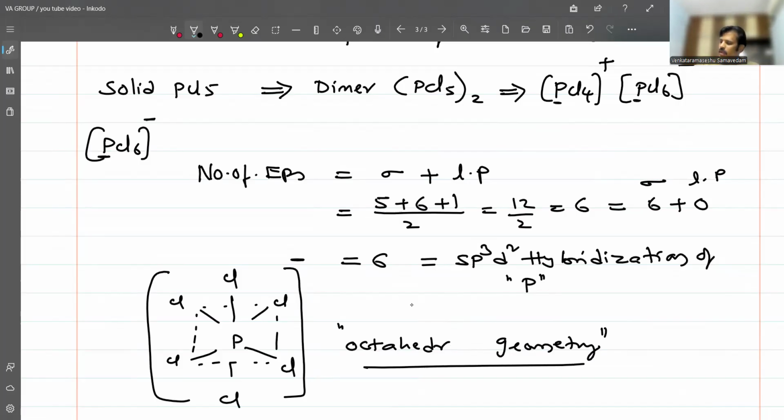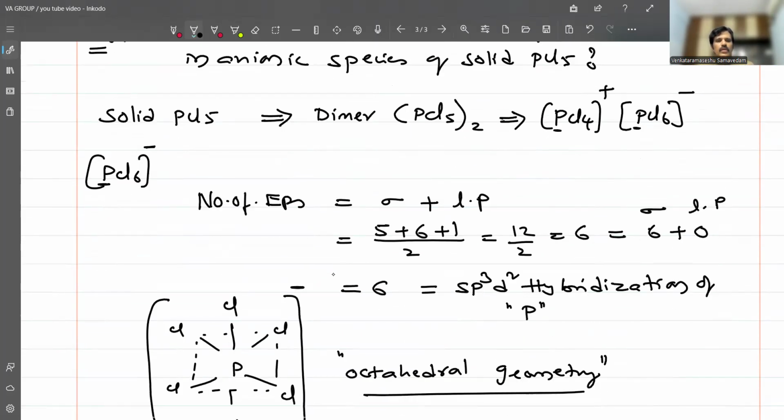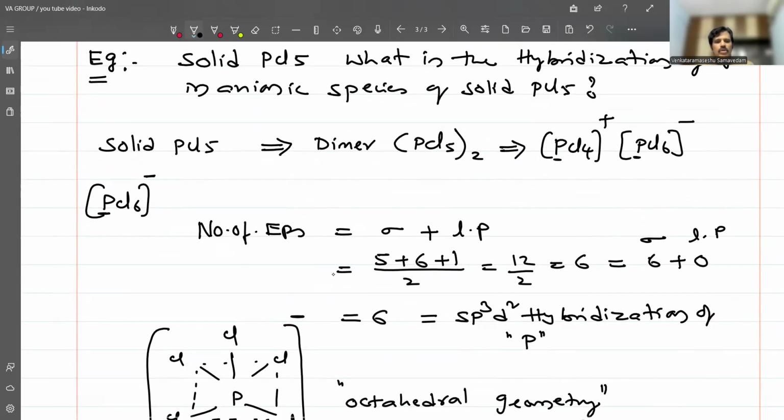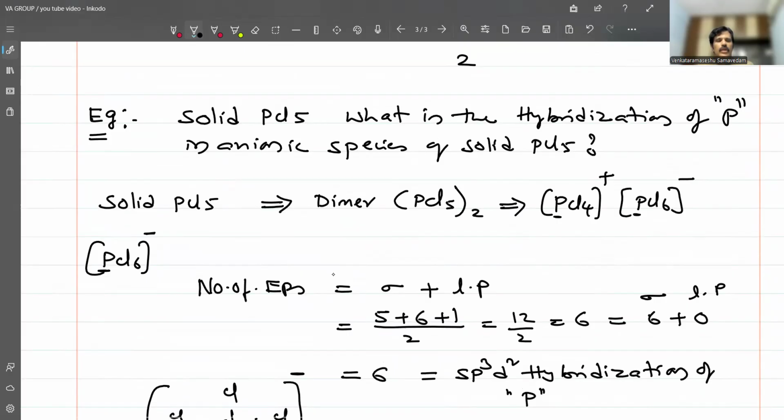If I know the structural data, I can say whether the molecule is polar or non-polar, whether it shows permanent dipole nature. Those concepts we can also cover based on this. So this is one example, finding the hybridization of phosphorus.